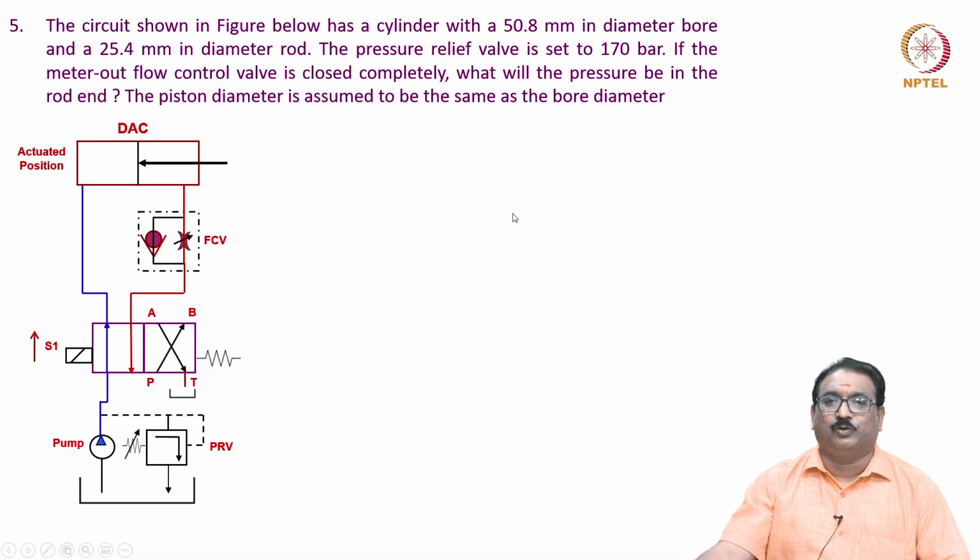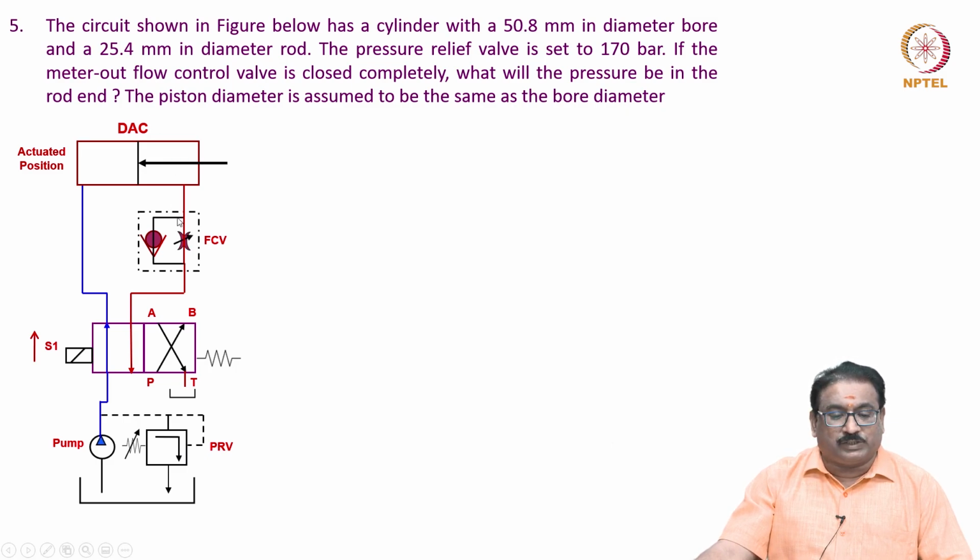Very, very simple. Substituting the value, you will get it. Fifth problem. The circuit shown in the figure below has a cylinder with 50.8 mm diameter bore and a 25.4 mm diameter rod. The pressure relief valve setting is 170 bar.